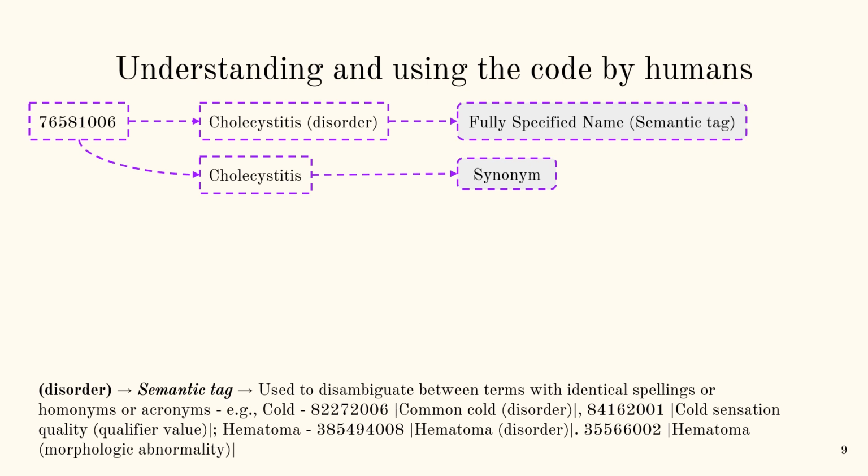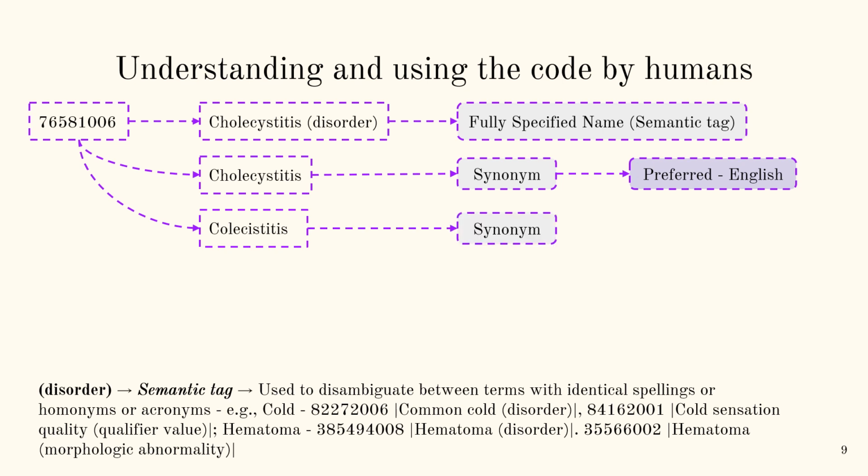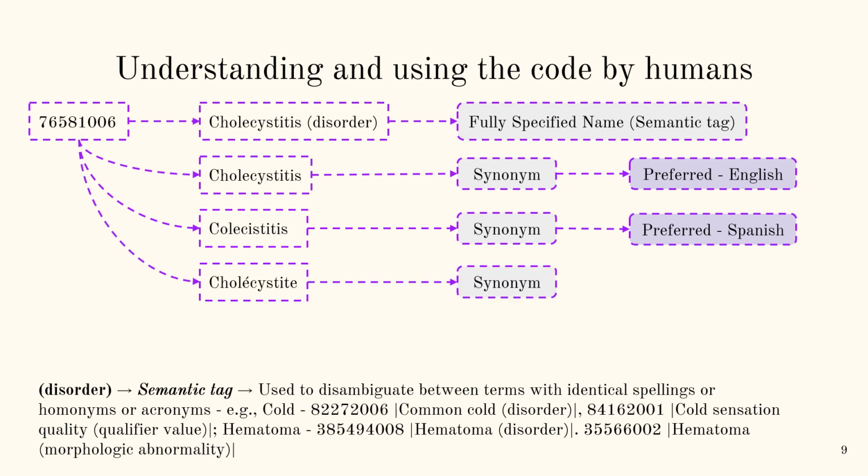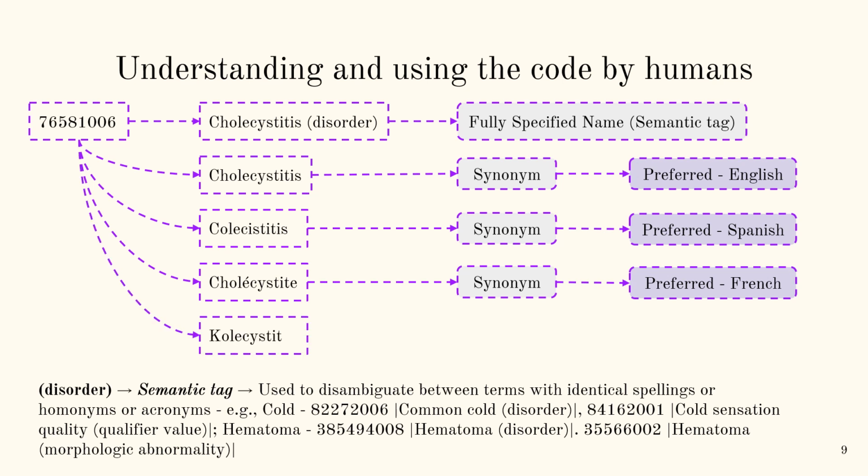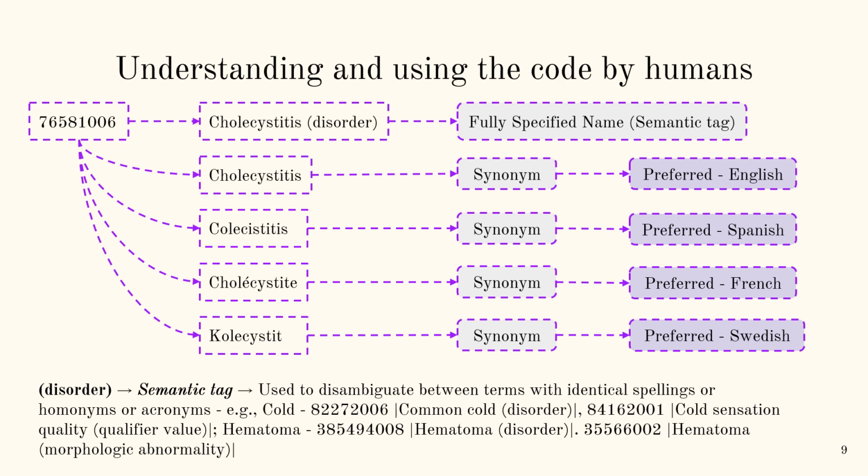So cholecystitis is a synonym, and it is preferred in English. This term is also a synonym and it is preferred in Spanish. This term is also a synonym and is preferred in French. And this term is also a synonym and it is preferred in Swedish. And I have taken them all from official releases available.